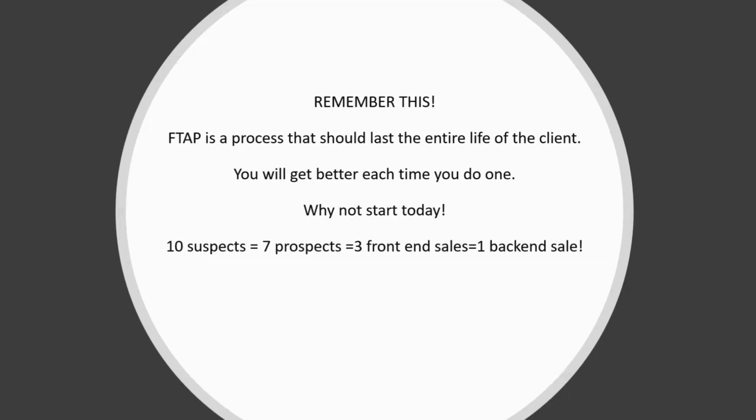They may lose a spouse, divorce a spouse, change sex of a spouse, whatever. They still need to talk. So you get better each time you do it. And if you want to be good at giving away free trials, give away a bunch of them.